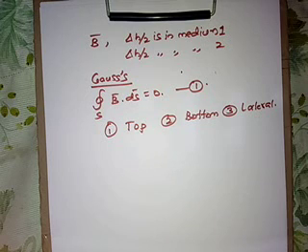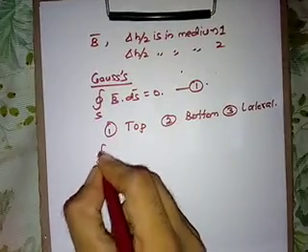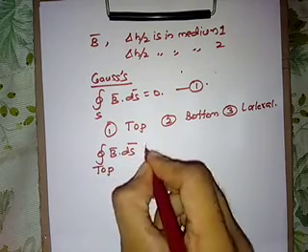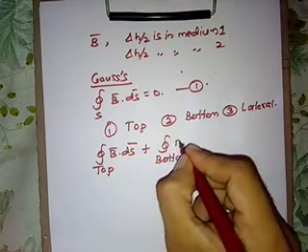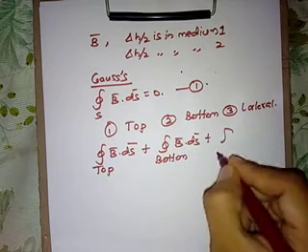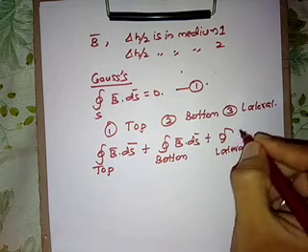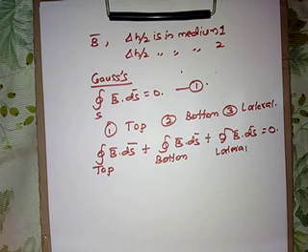So we have the integral over the top surface of B bar dot dS bar, plus the integral over the bottom surface of B bar dot dS bar, plus the integral over the lateral surface of B bar dot dS bar, equal to 0.